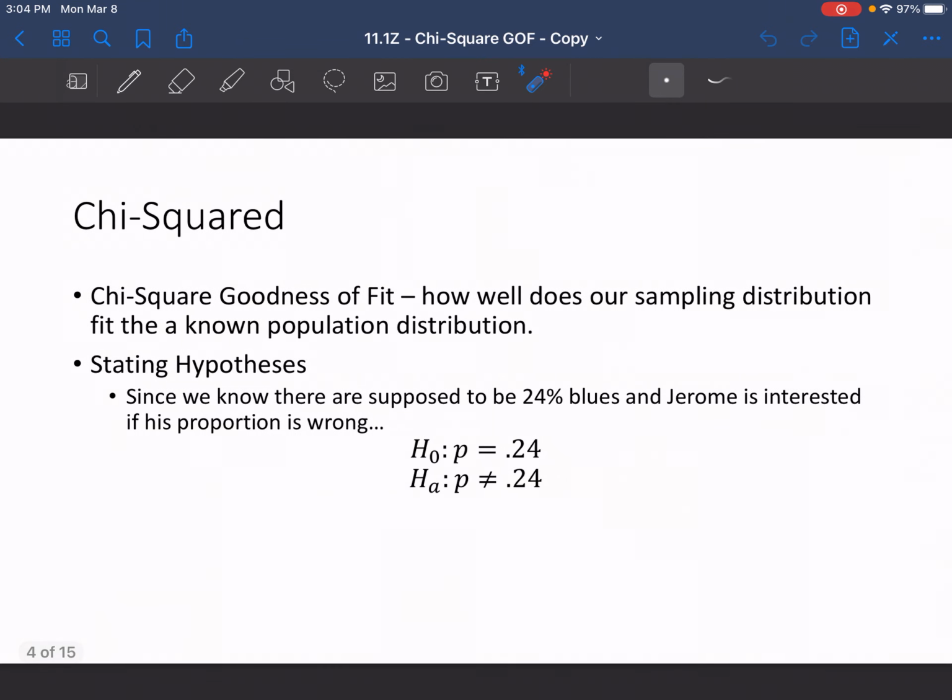And so when we would be stating hypotheses in this case, since we know that there's supposed to be about 24% blue candies, and Jerome is interested if his proportion is wrong, then we would state a hypothesis like so, where our proportion is equal to 24%, and our alternate hypothesis would be our proportion does not equal 24%.